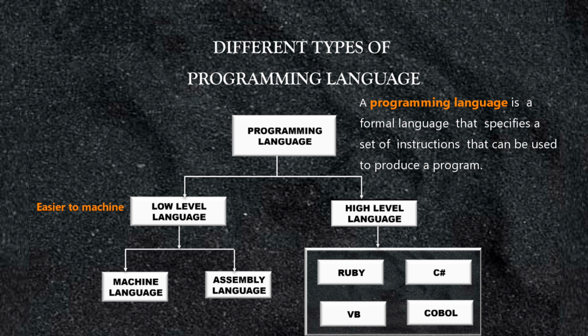Low-level language is easier for the machine, but high-level language is easier for the programmer. Computer can understand only one language, that is machine language. All other languages require a translator. Assembly language translator is assembler. And high-level language translator is compiler and interpreter.